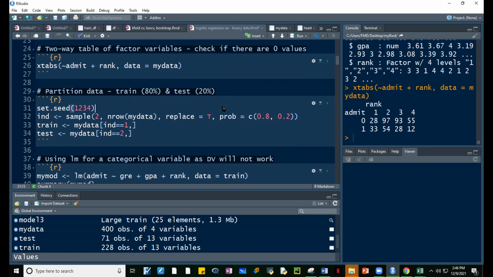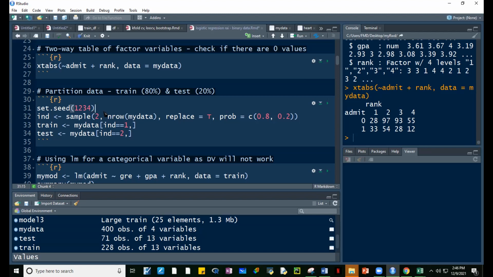But if you have a huge data set, then we can do 60-40, even 50-50. For example, if you have 20,000 observations, then using 10,000 for your training and also 10,000 for your testing is not bad at all.